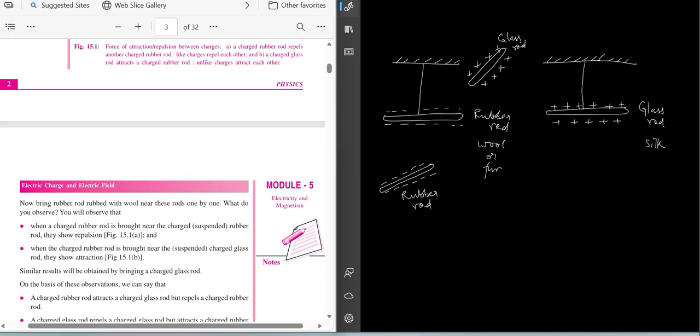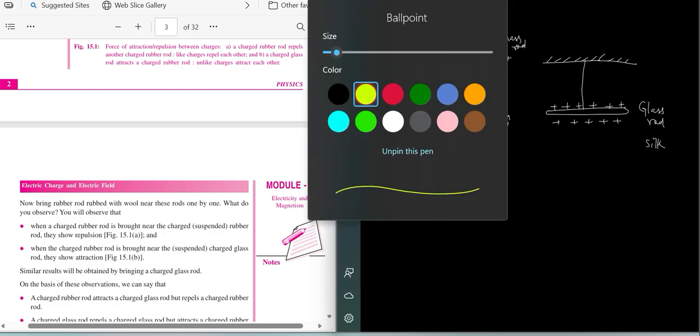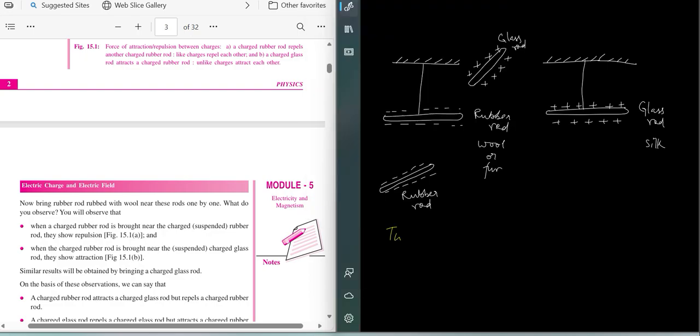So by this, we have noted certain properties. What are the properties is that first thing we understand that there are two types of charges. One is called positive charge, and one is called negative charge. So the charge on a glass rod when rubbed with silk is positive charge as per convention, and the charge that appears on a rubber rod when rubbed with wool is a negative charge.